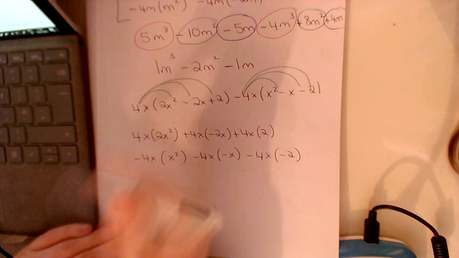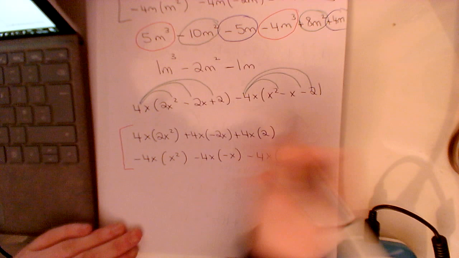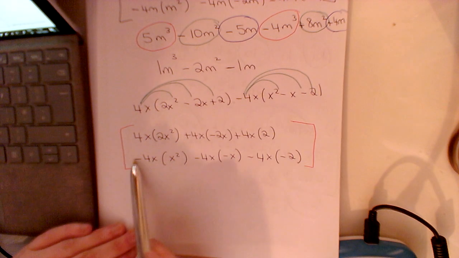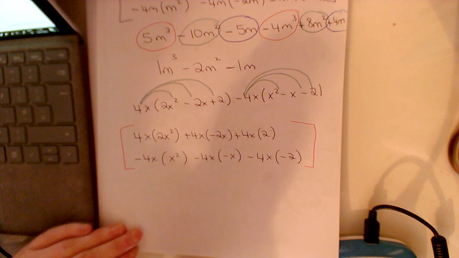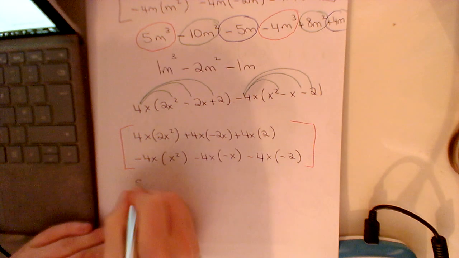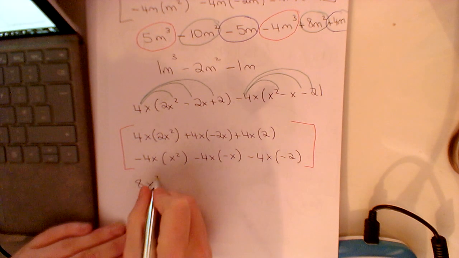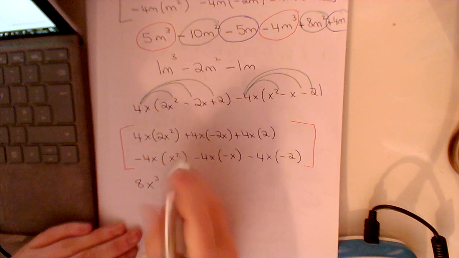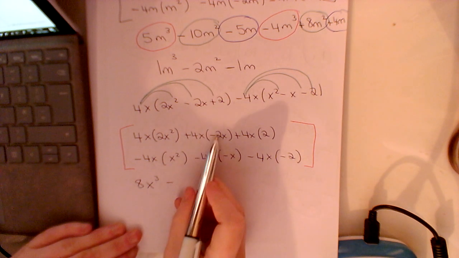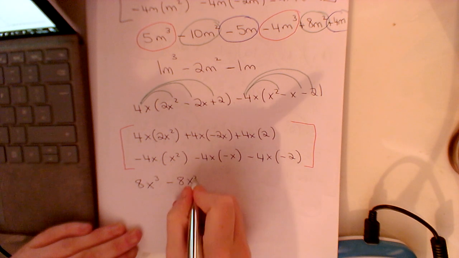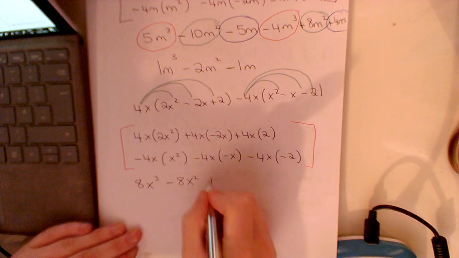So this is my sum. I just don't have enough room, so that's why I have 2 lines. So this is the first bracket, this is the second bracket. 4 by 2 gives me 8. X by x squared gives me x cubed. Plus by minus gives me minus, 4 by 2 is 8. X by x, x squared. 4 by 2 gives me plus 8x.